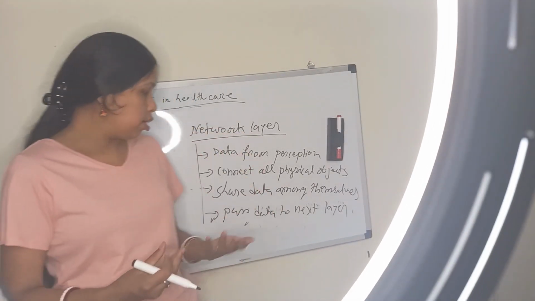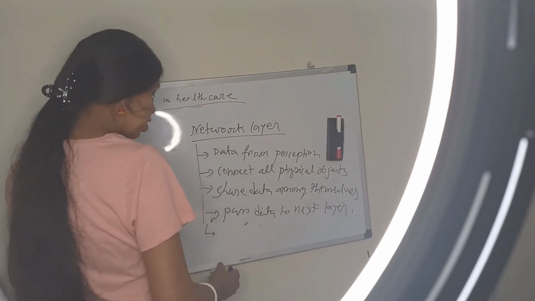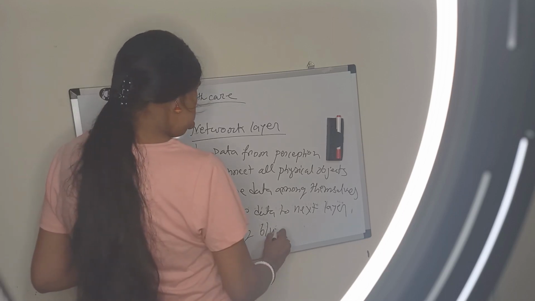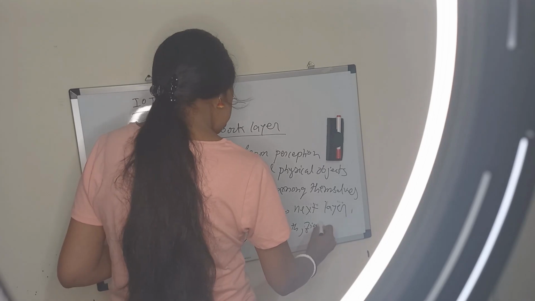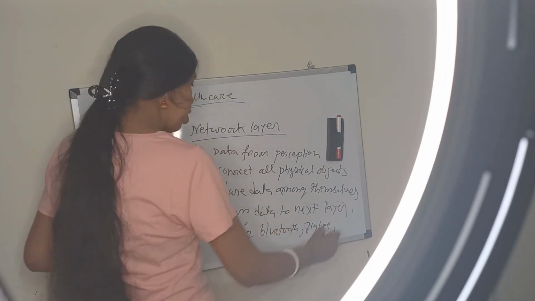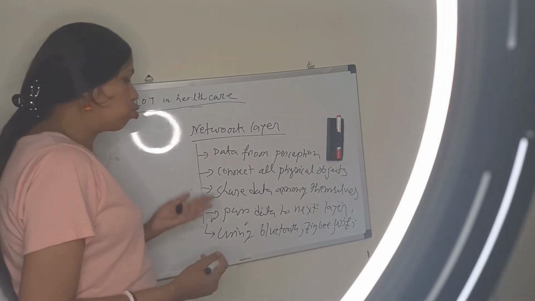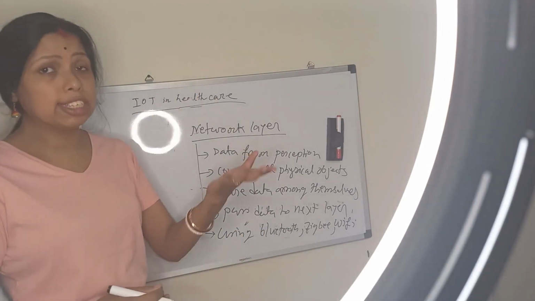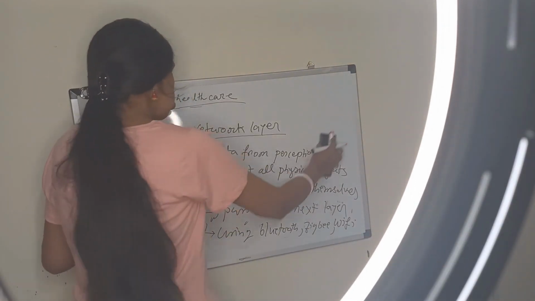Normally, in the network layer, data is passed to the next layer using Bluetooth, Zigbee, or Wi-Fi.